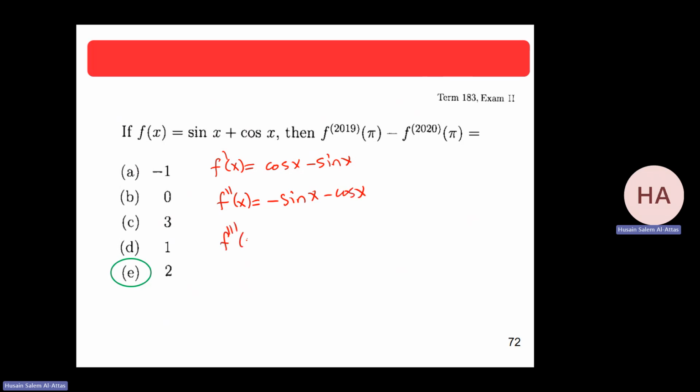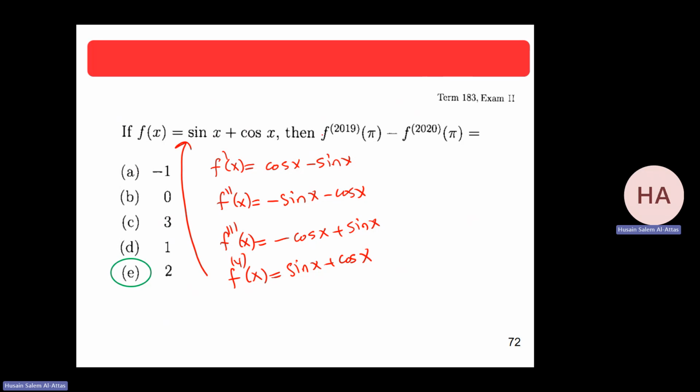The third derivative, that will be what? Minus cosine plus sine. The fourth derivative, here is the catch, it will be sine plus cosine, which is what? The same thing. So every 4, it will repeat itself.